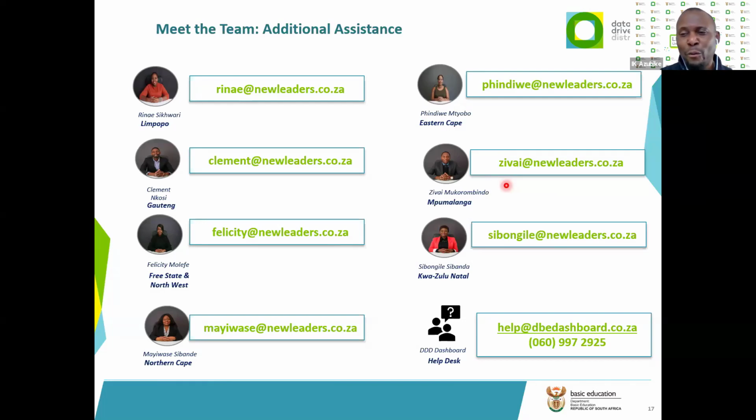I think I would respond to this, and I know the D6 is the third party and all that. What I would advise Linda to do is that I know it's going to have a challenge or an issue with the attendance. But Linda, if you are still struggling with this, please contact our DDD help desk at help@dbedashboard.co.za, and that is the number on the screen.